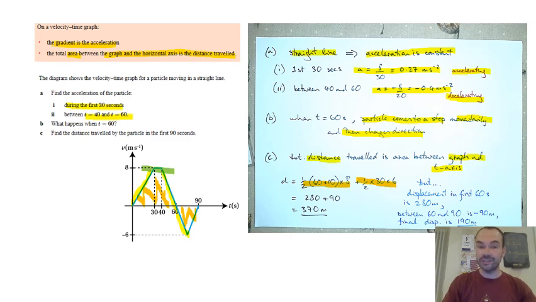Because it says distance, we just want the areas irrespective of sign. 280 and 90, 370. But if they had asked us for the displacement, in the first 60 seconds it's 280. Between 60 and 90 it's minus 90. So the final displacement would be 280 minus 90, which is 190. Displacement and distance travelled are different things.